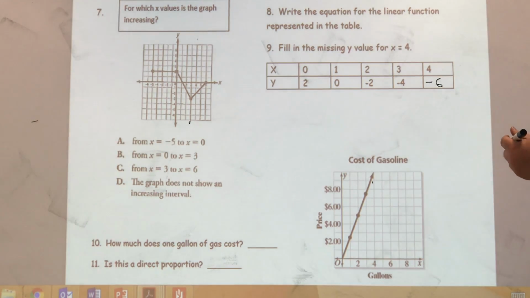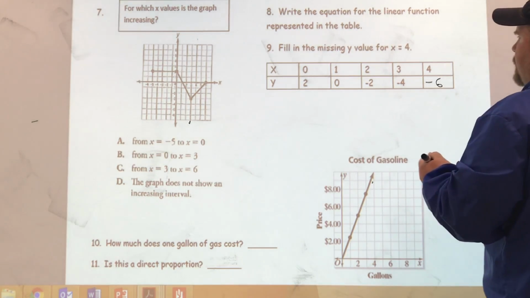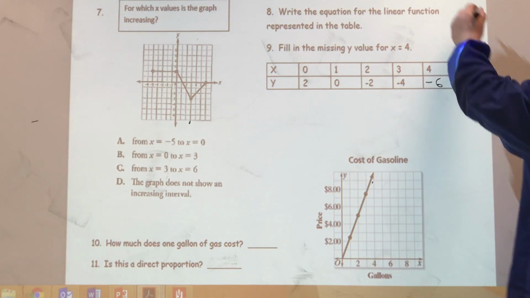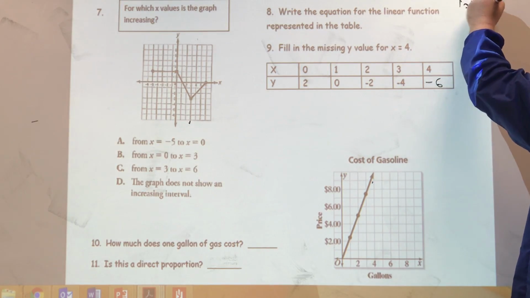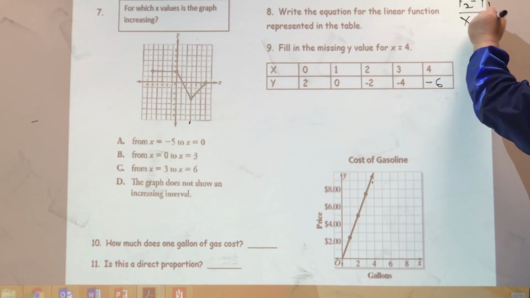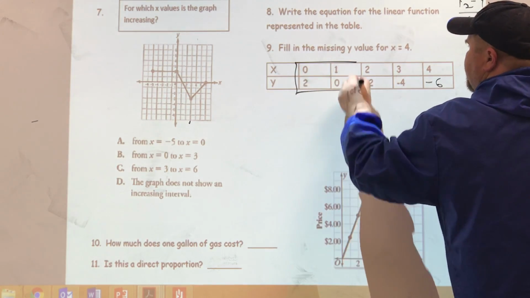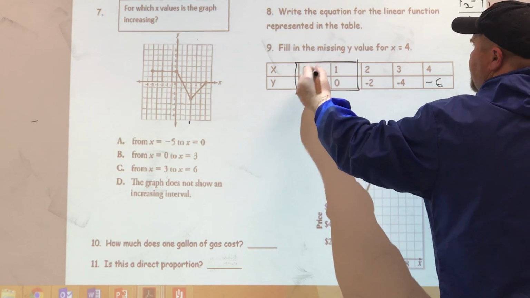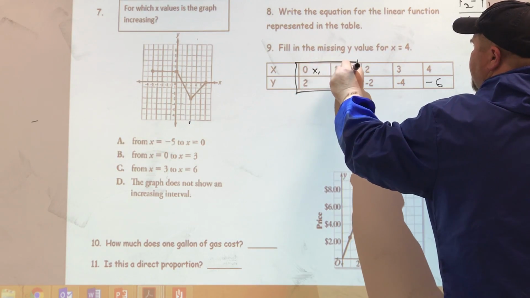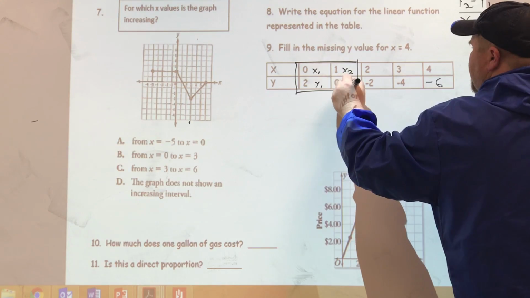Write the equation. So the first thing we need to do is find the slope. Finding the slope is going to be y2 minus y1 over x2 minus x1. We can pick any 2 points we want. I would pick the first 2 right here because they're all positive. This would be my x1 value and my x2 value, my y1 and my y2.